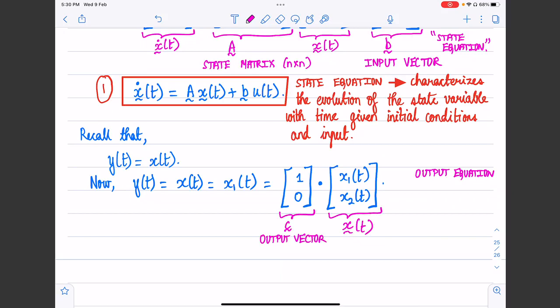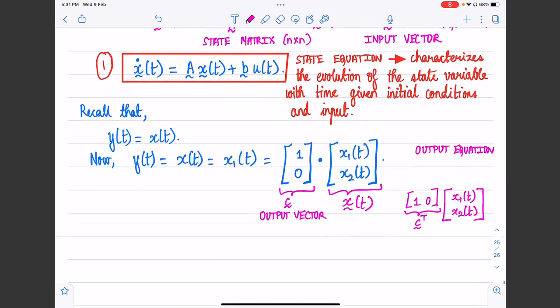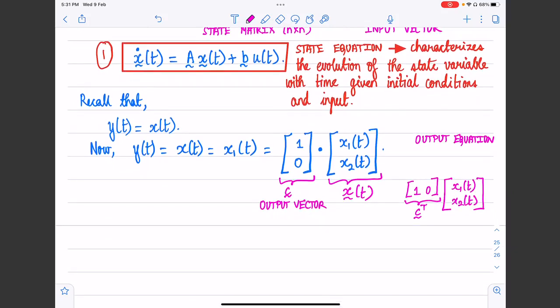So this is the output equation, and essentially we can write it as C dot X. Some people will write the same thing as the row vector 1, 0 multiplying x1, x2, and they will call this C transpose. This is a very common notation, but I prefer this dot product notation because it's much more accurate.